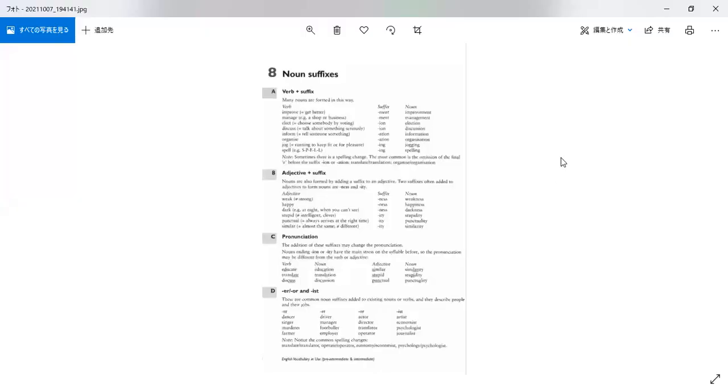See, it's noun suffixes. I didn't add it when we were learning about noun because there are so many things that you need to learn about noun. At the time, if you remember, there are 10 types of noun.